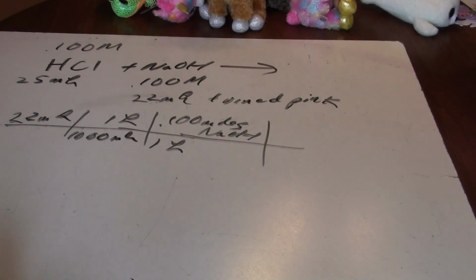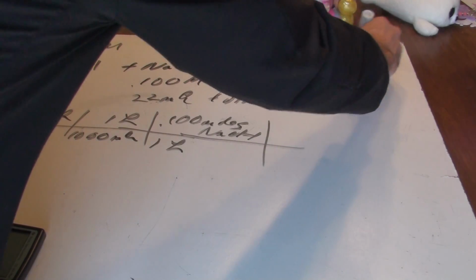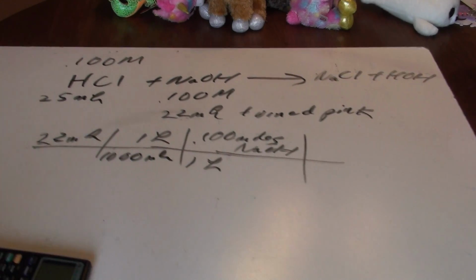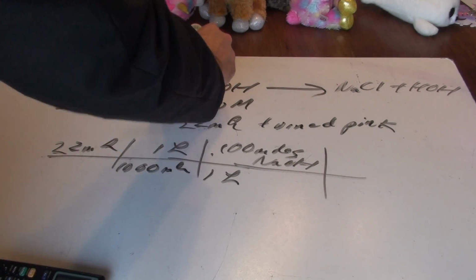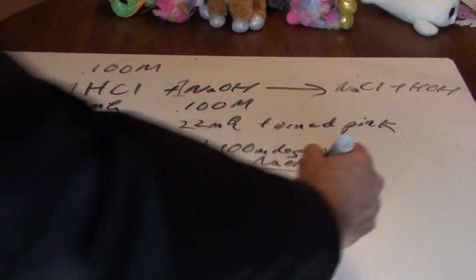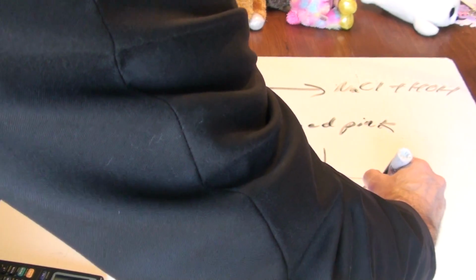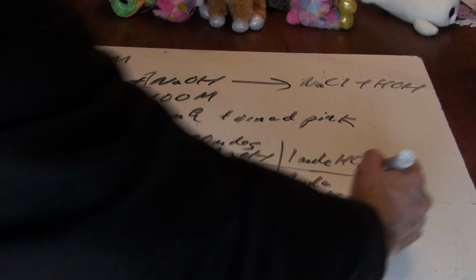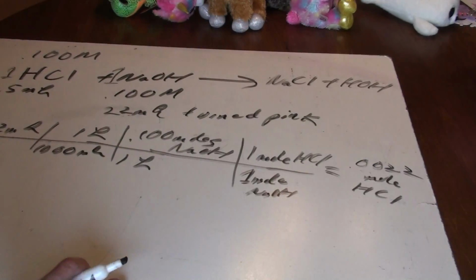And then if I look at my reaction, which I haven't balanced yet, I apologize for that, you can see that the relationship between sodium hydroxide and HCl is 1 to 1. Therefore, for every 1 mole of sodium hydroxide, 1 mole of HCl, and I come out with this many moles of hydrochloric acid.